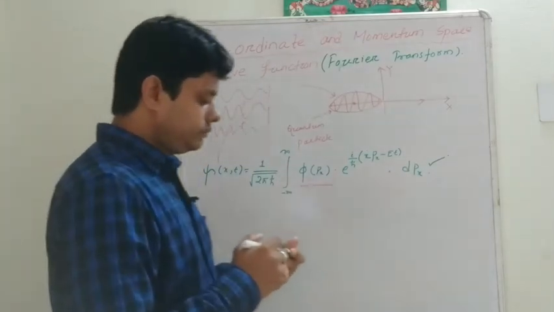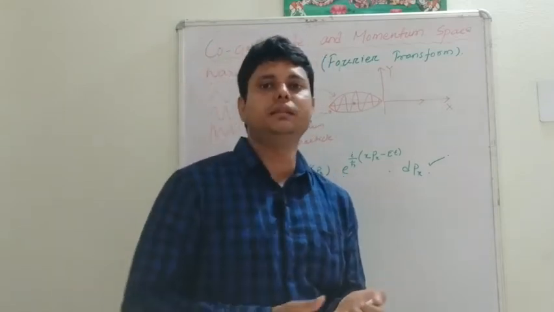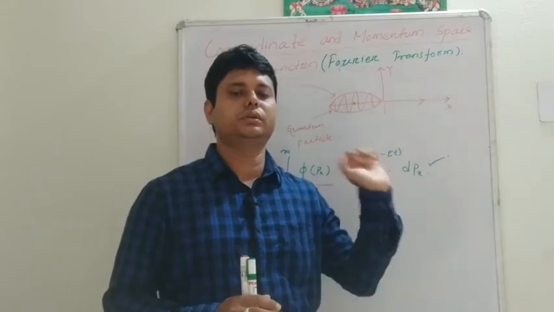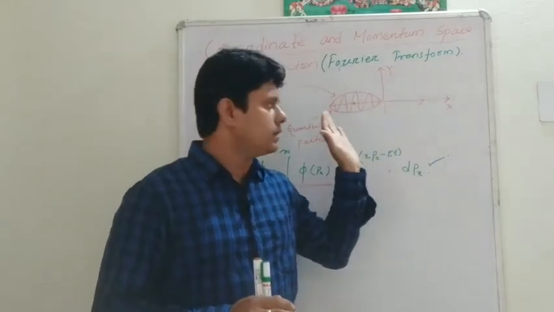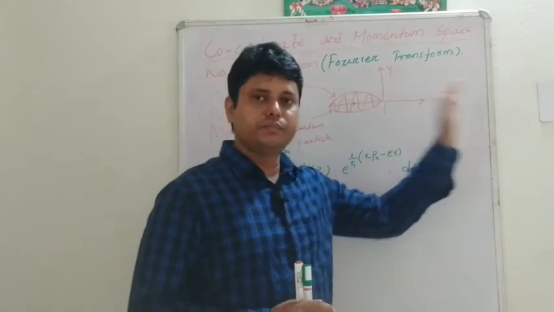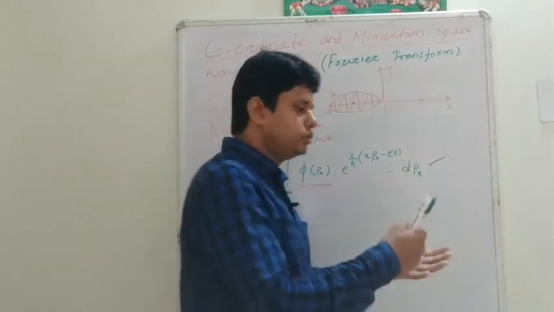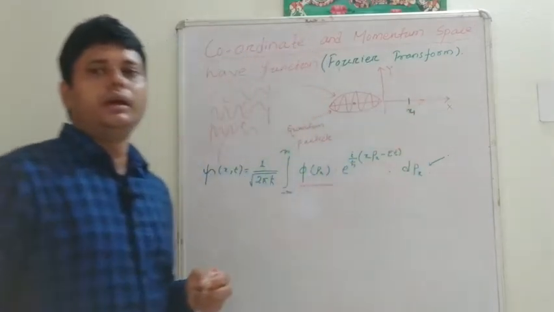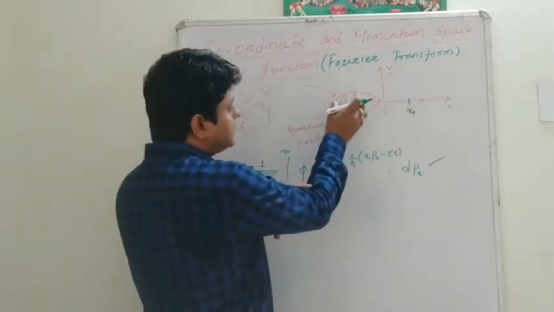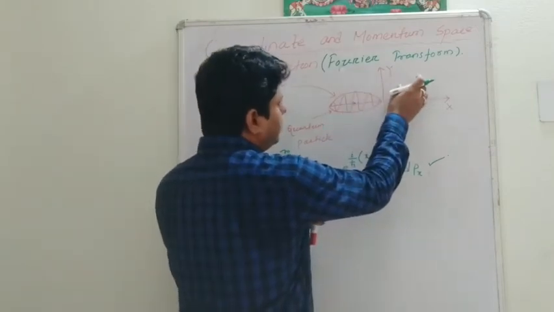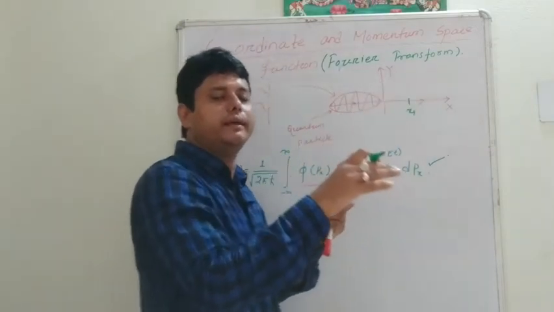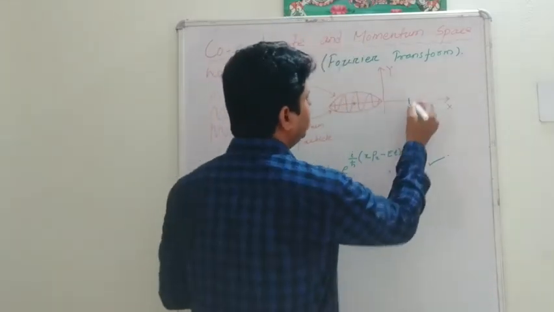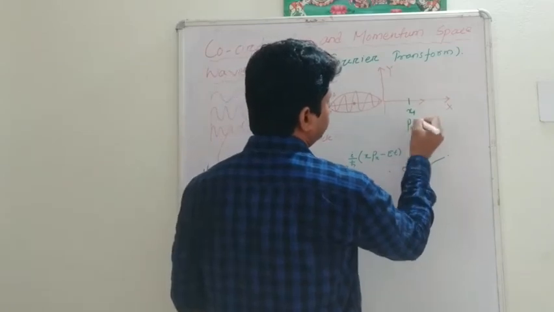Now here one thing we can imagine, that when a particle is moving in space, or suppose it is moving along the x axis, at a particular position, suppose x1, the particle has a position x1, and it also has a momentum at this corresponding position, let it be px1.